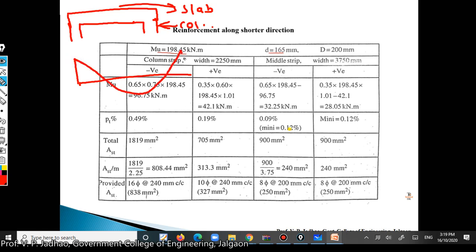Your bending moment diagram will be like this. At the end span we will have negative bending moment, and again here at the end span we will have negative bending moment, but at the central span we will have positive bending moment.